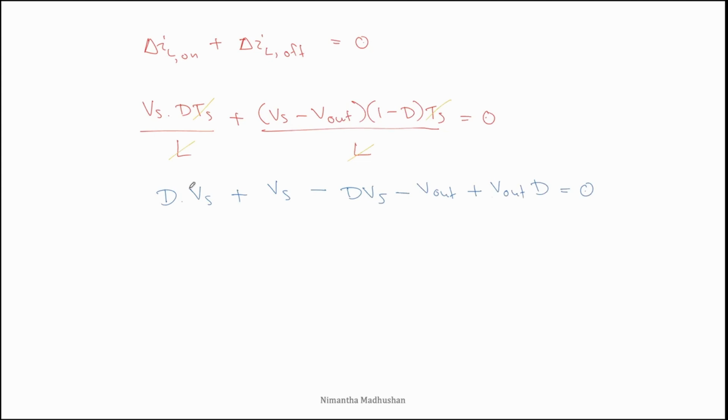From this equation, there is a plus dVs and minus dVs, so these two will cancel. And then Vs minus Vout plus Vout d is equal to 0.